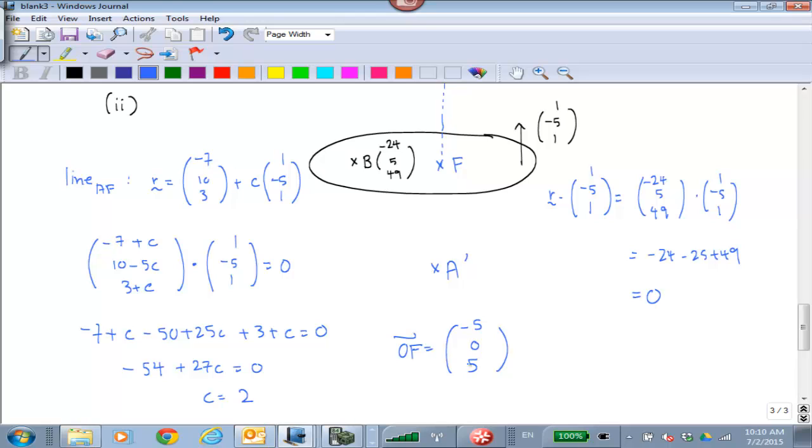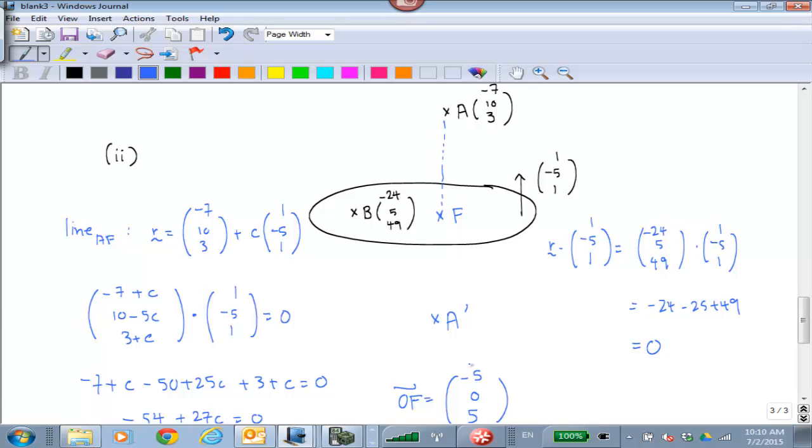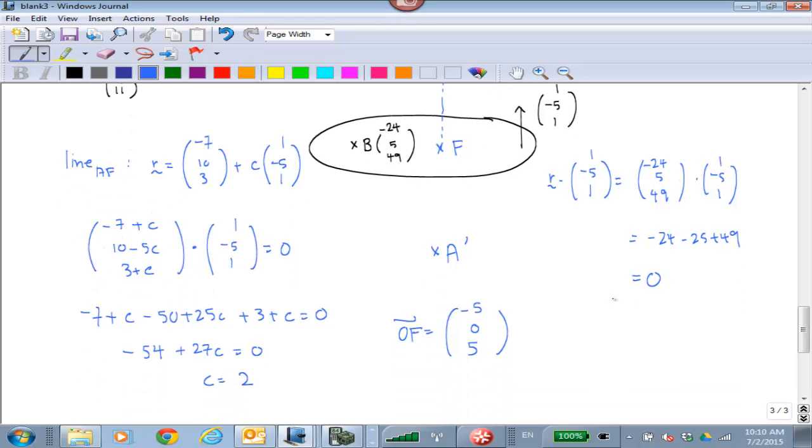Why is it 0? This one? Origin on the plane?